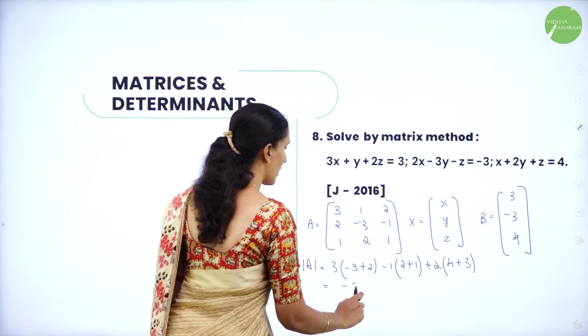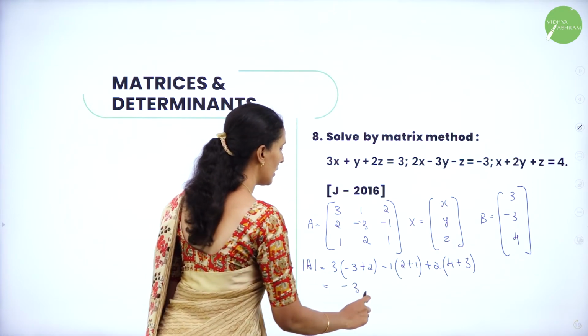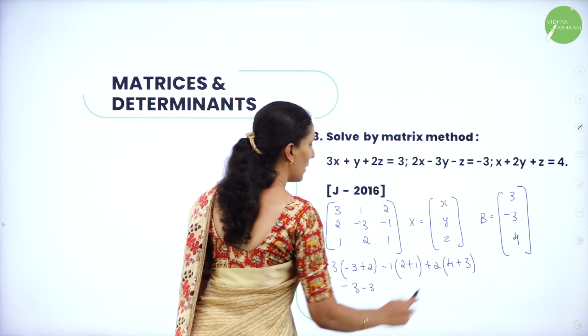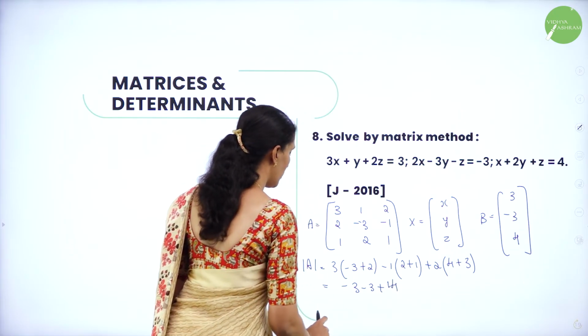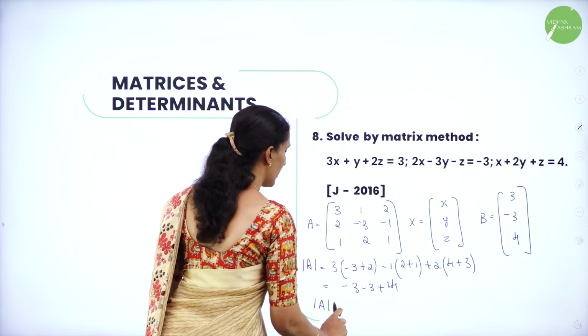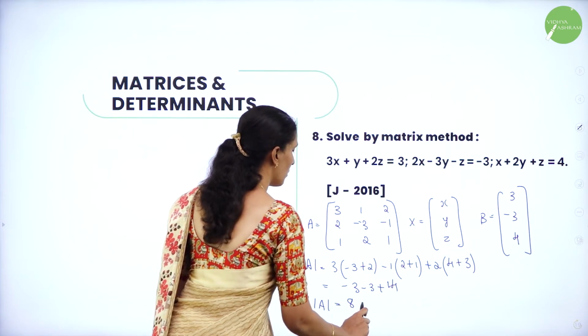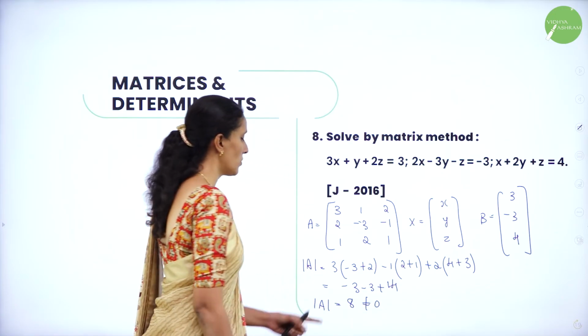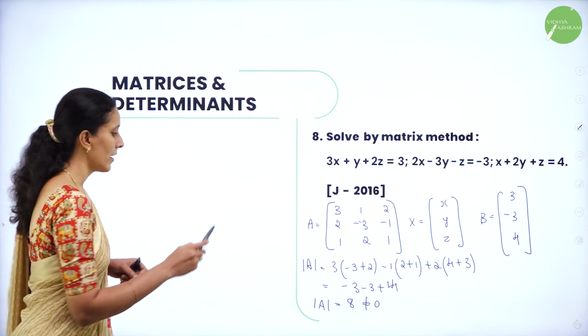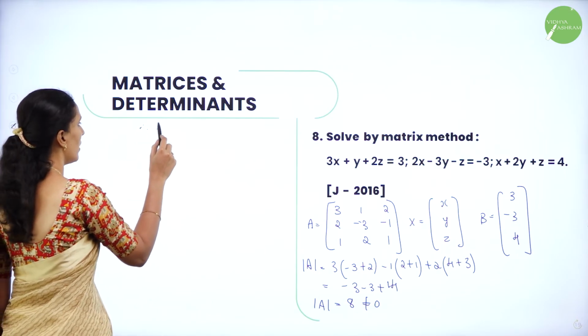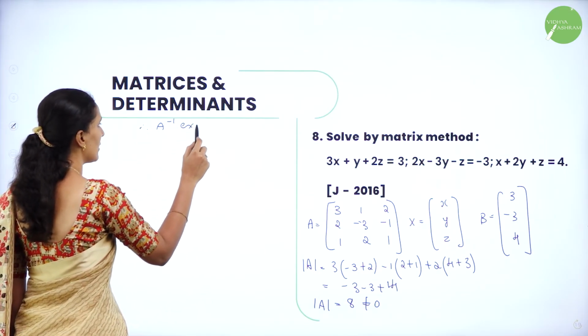Minus 1 into 3 minus 3. 2 plus 1, 3 minus 3 again. 4 plus 3, 7. 7 twos are 14. So determinant A is equal to 8, which is not equal to 0. So once determinant A is not equal to 0, that implies A inverse exists. So therefore A inverse exists.